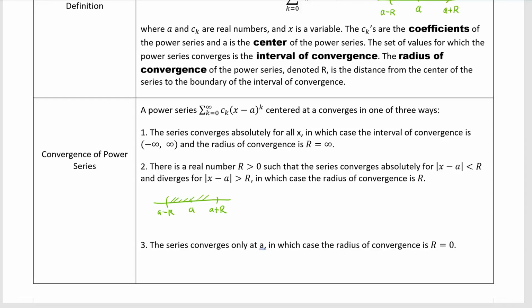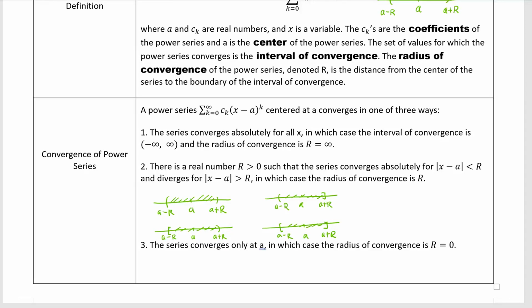Our series converges when x lies in this interval, or we can have maybe the left endpoint converges and maybe it diverges on the right endpoint. So you can have a bracket on the left and a parenthesis on the right, or we can have the left endpoint not converging but the right endpoint converging, or we converge on both of the endpoints.